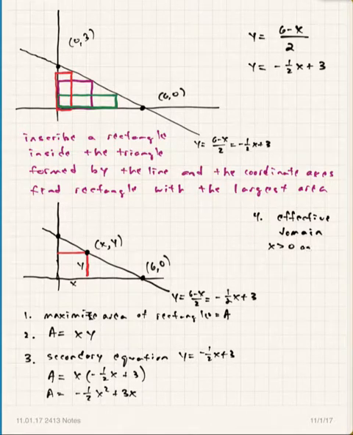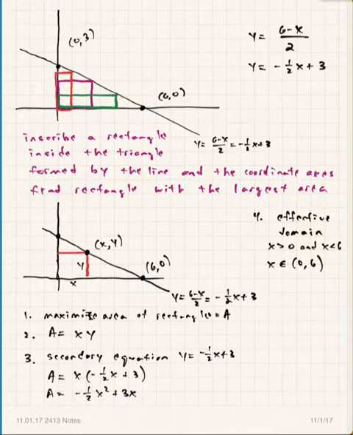Also, x has to be less than 6. And so x has got to be in this interval from 0 to 6. It's an open interval. X couldn't be 0 because you couldn't get a rectangle. X could not be 6 because you could not get a rectangle in that case. All right, so that's our fourth step.